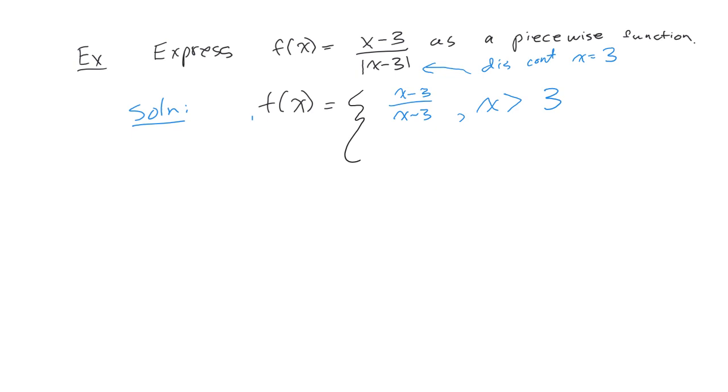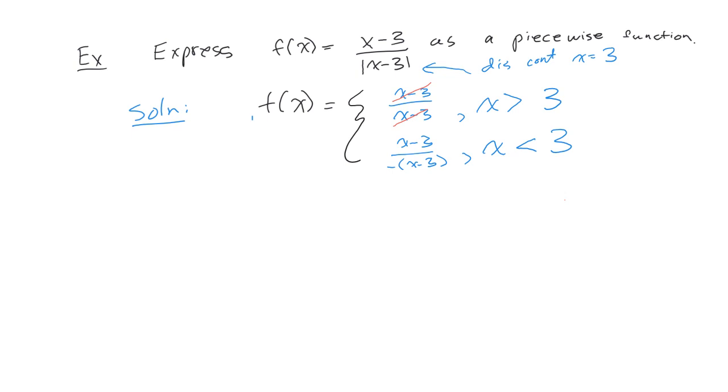For these types of problems, the discontinuity is where our boundary is. So for the positive half, it's x greater than 3, and for the negative half, it's (x minus 3) over the negative of (x minus 3), for x less than 3. Because we've ensured that x minus 3 cannot equal 0 on the bottom of our fraction, we can cancel the top and the bottom of the first part.